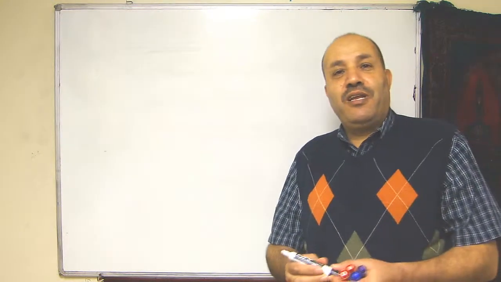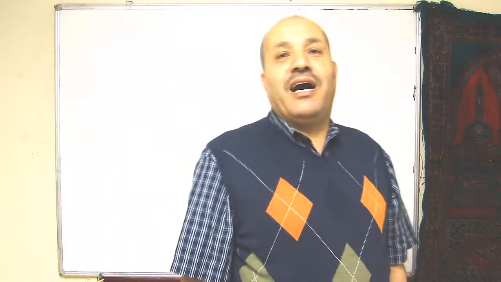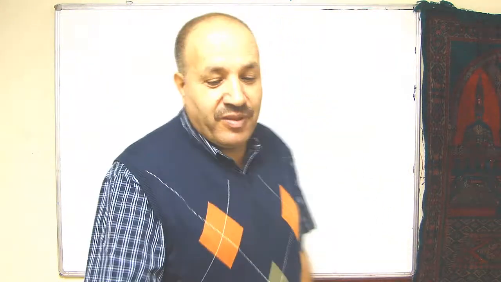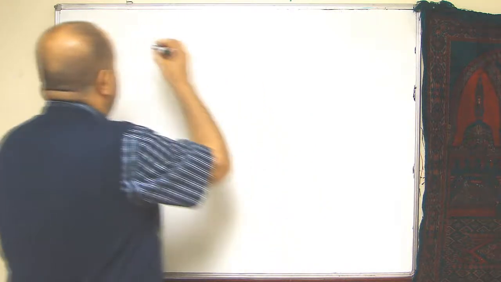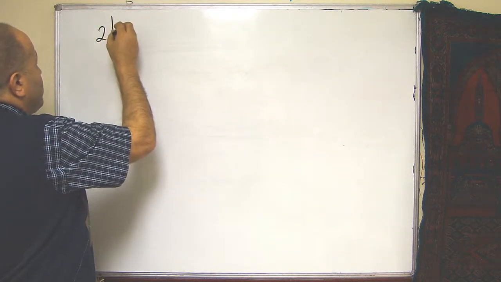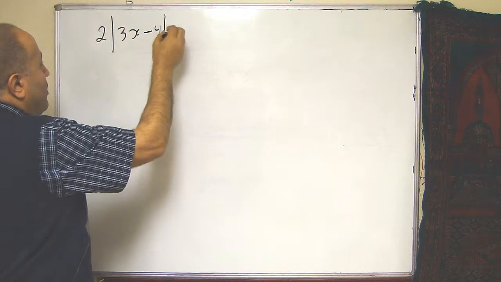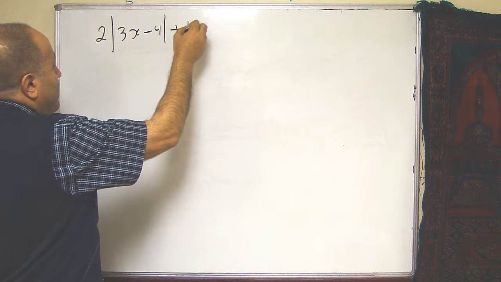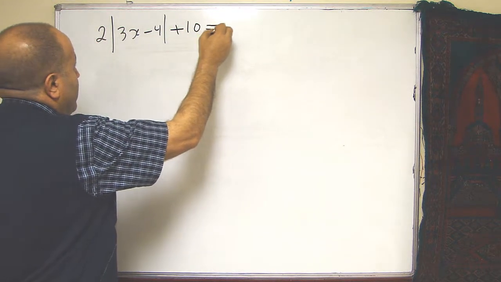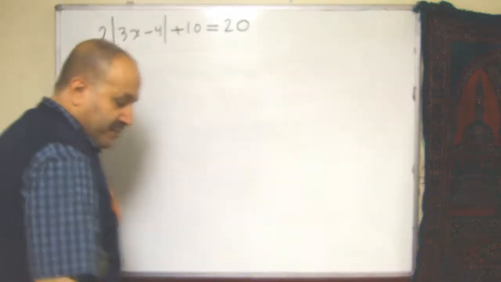Now we will do example number 2 about the absolute value equations. Let's take a look at this example: 2 times the absolute value of 3x minus 4, plus 10, equals 20.